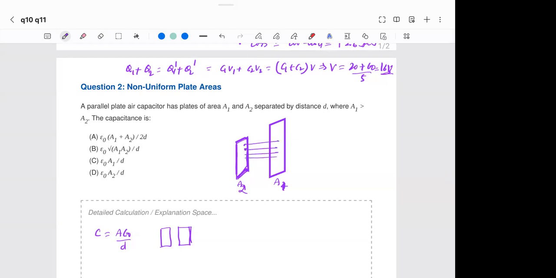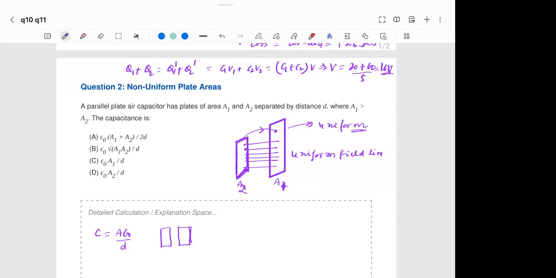Here you get uniform field lines. Other than the common area, you get field lines like this, which are not uniform, right?